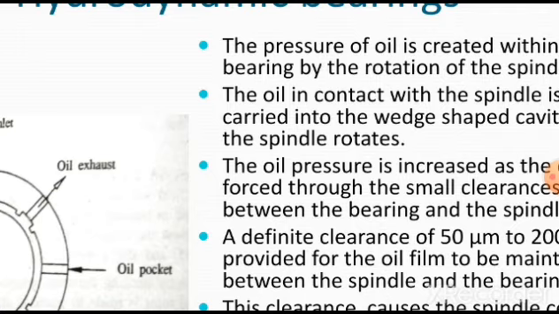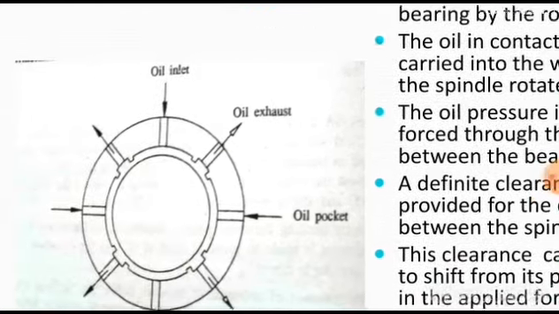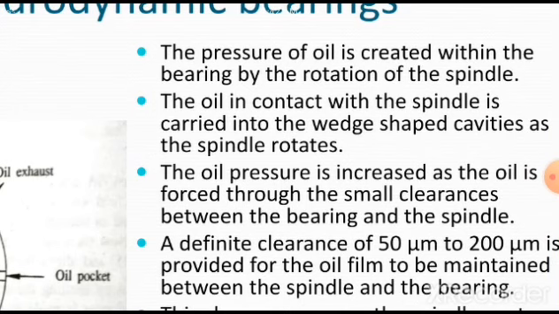And the pressure of the oil is created purely by the rotation of the spindle only. Means the rotation of the spindle decides the pressure of the oil through which it is made to go outside and again come inside. The pressure of the oil is created within the bearing by the rotation of the spindle.